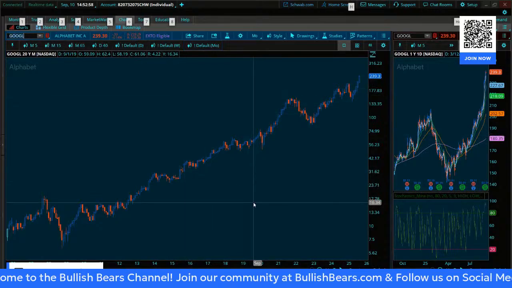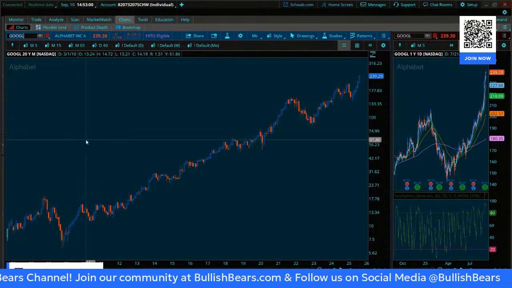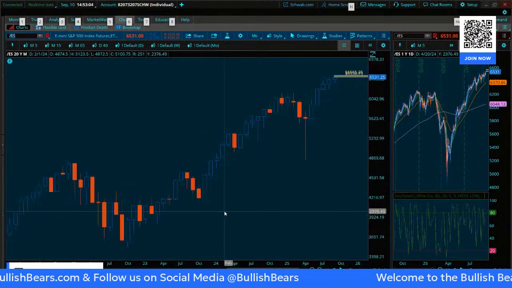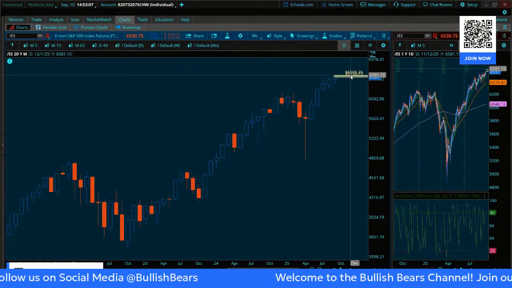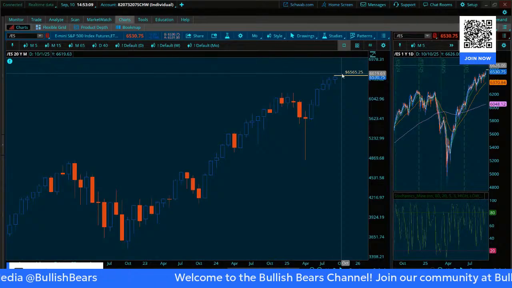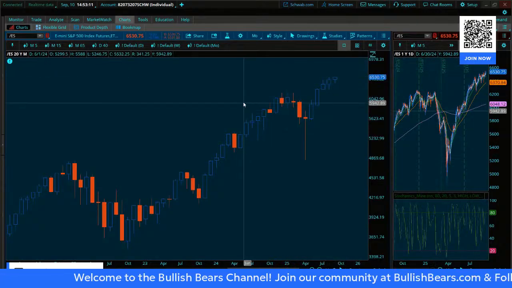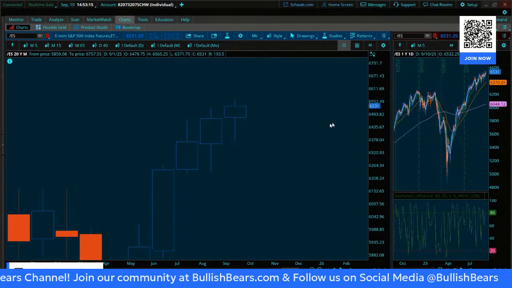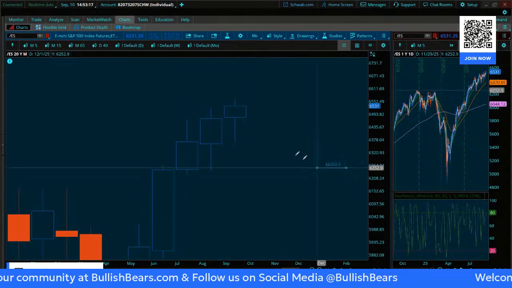So when it comes to laying out your analysis, I don't have a current chart on this computer. It's on the other one. You can mark out your monthlies and your quarterlies.